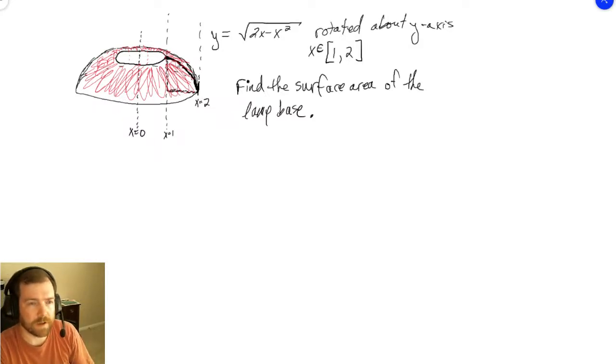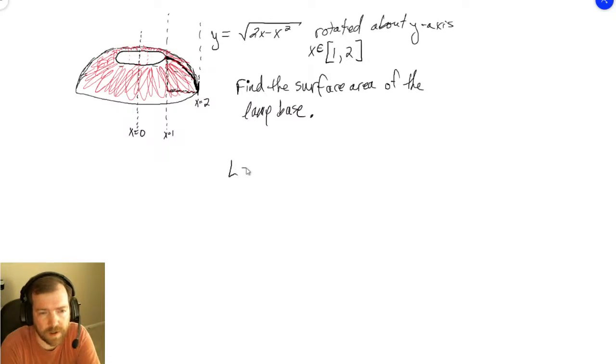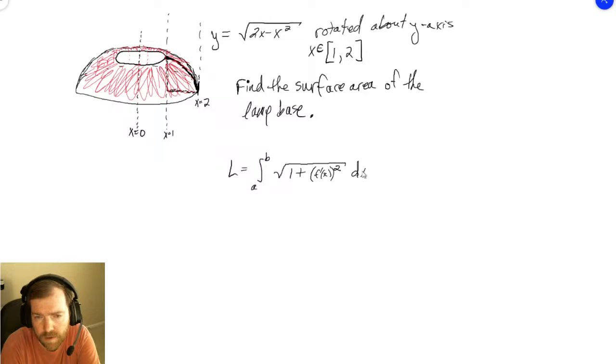So the distance along this curve, the arc length, is going to be the integral from a to b of the square root of 1 plus f prime at x, squared, dx.